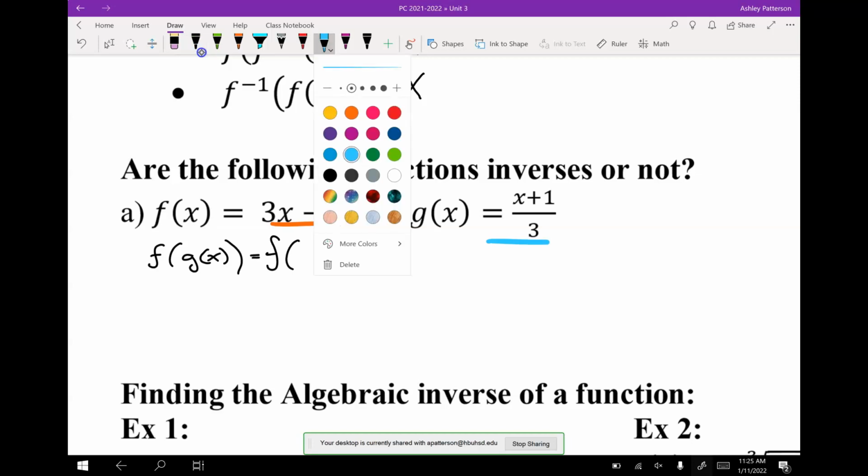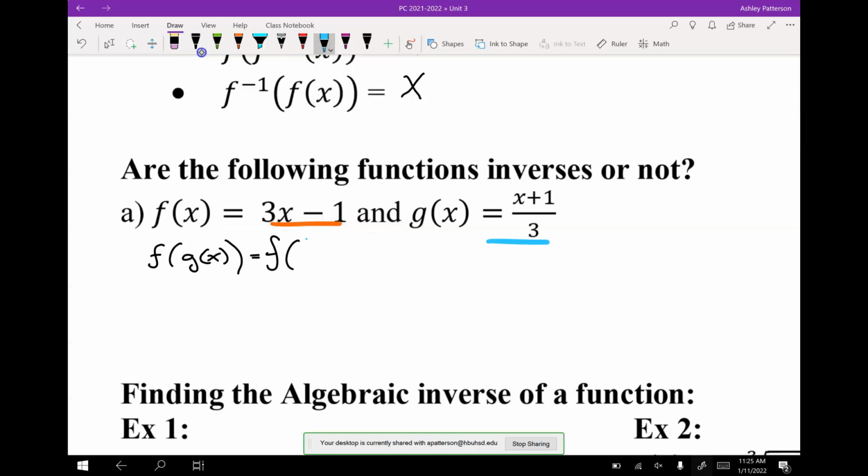So doing what we did on Thursday, I'm going to substitute in x plus 1 over 3 so that I know what I'm using as my input. And then let's substitute that into f. There's only one x variable for f, so we have 3 times x plus 1 over 3 minus 1.